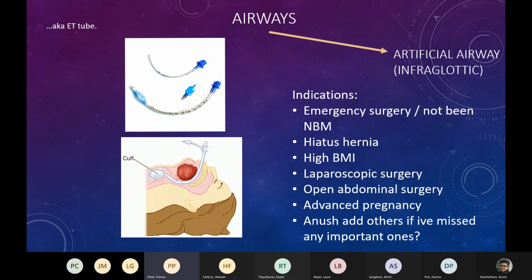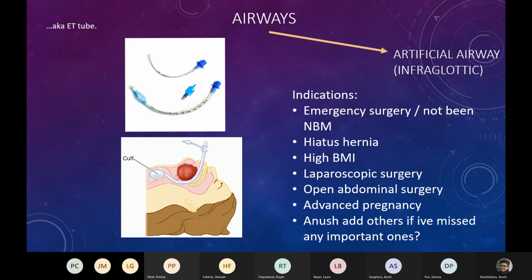Same with laparoscopic surgery, when they put CO2 to blow up the abdomen, it pushes on the diaphragm a bit more. Any open abdominal surgery, if they're pregnant, or if they're going to do a surgery where they're head down, it makes them more likely to aspirate. And remember that this isn't just aspiration risk when you're intubating them, but aspiration risk throughout the operation.